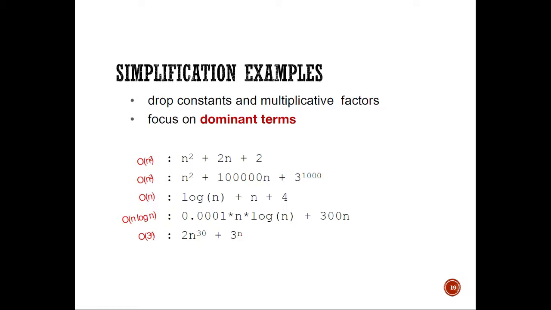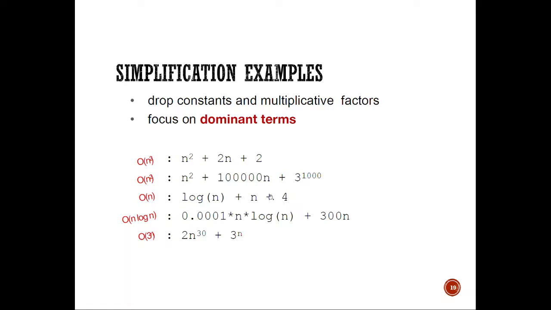As a simple example, here we would only want to focus on the dominant terms. For the first expression, the most dominant term is n squared. That's why we say that this expression has an order of n squared. In this case, the same applies. As n tends to infinity, n squared is the dominant term.